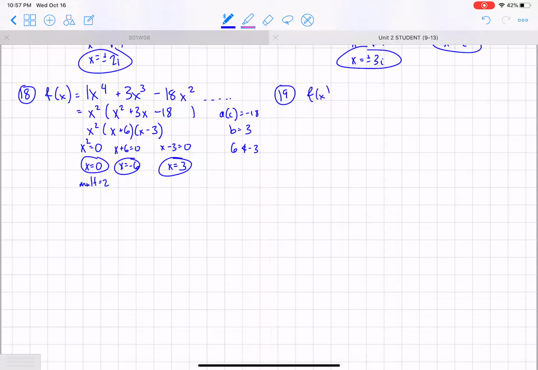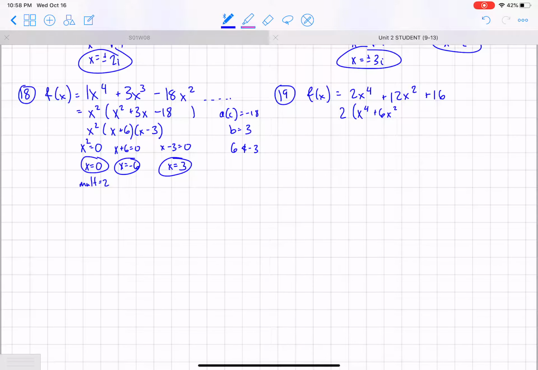Next function, we get 2x to the fourth plus 12x to the second plus 16. So here, grouping doesn't work. Trying to take something out of each of the three terms isn't going to work. But we kind of see the same structure here as a quadratic. So first, at least, we can take out that 2 from everything.